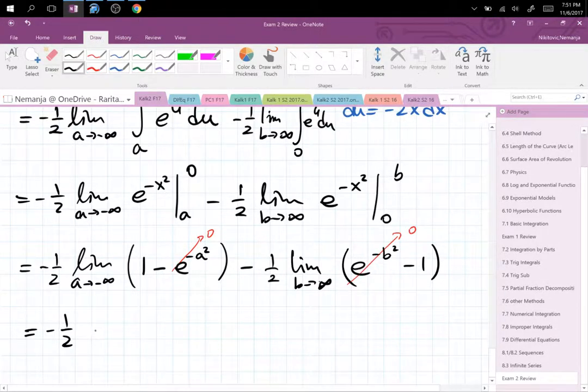So we have negative 1/2 minus, and this over here is negative 1/2 plus 1/2, and we get 0. So plug in 0. That's it.